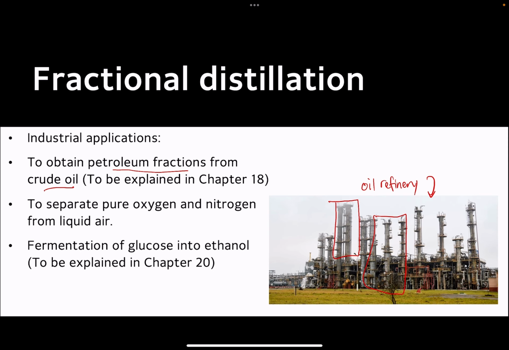Then we can also use fractional distillation to separate different gases from liquid air, and to separate ethanol from glucose or sugar solution, so that the ethanol can be used to make wine. But more will be elaborated next year when we cover chapters 18 and 20 respectively.